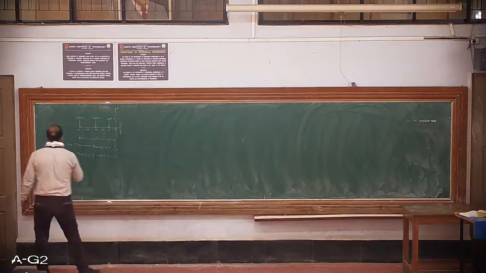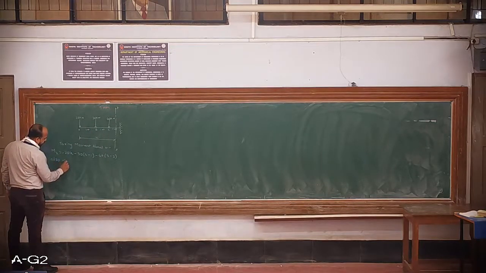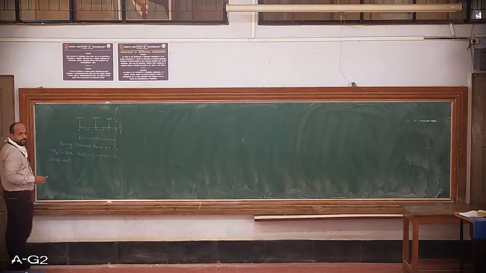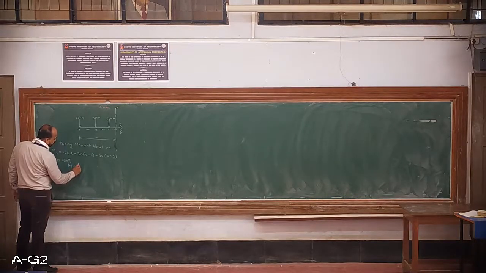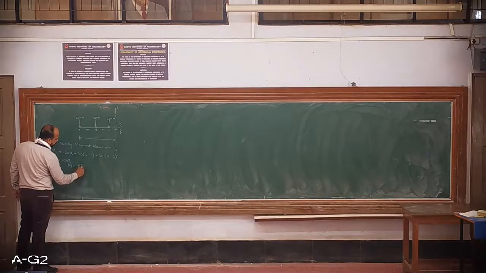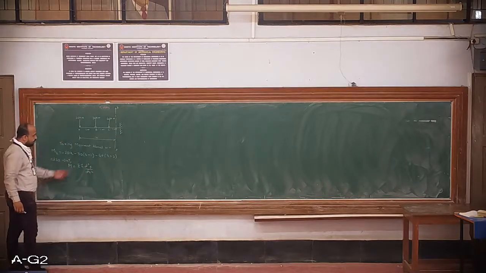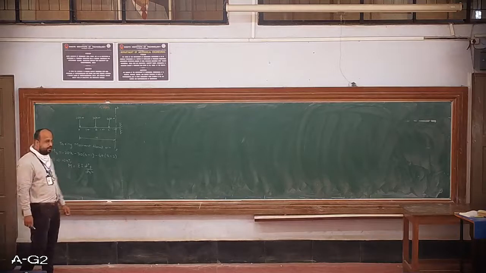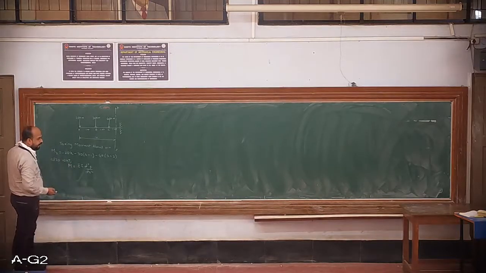Also, we know the bending moment deflection equation: M is equal to EI into d square y divided by dx square. This is what we have derived. This is the section moment, we know the moment.